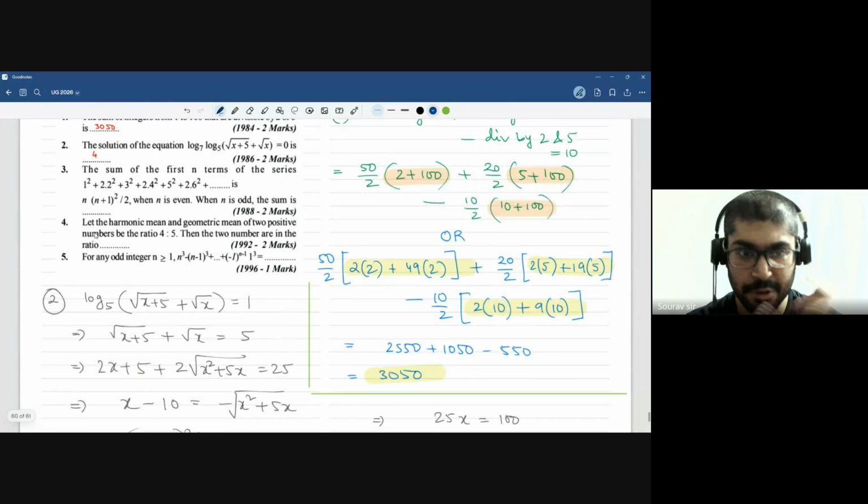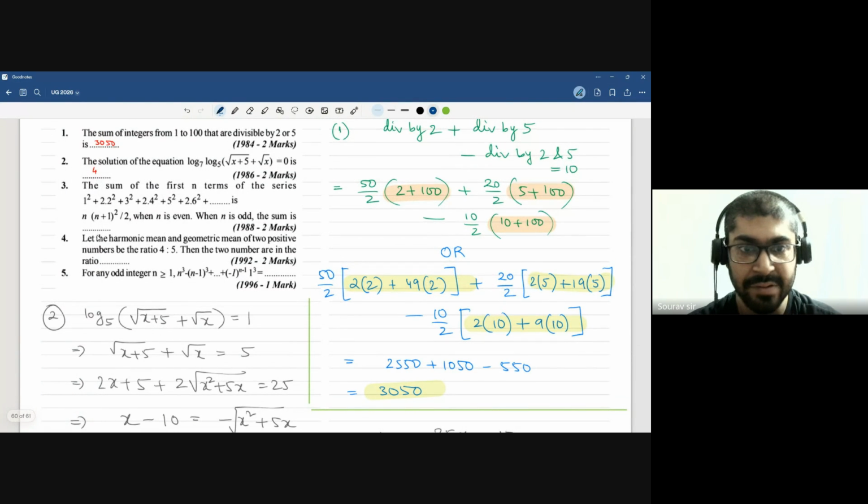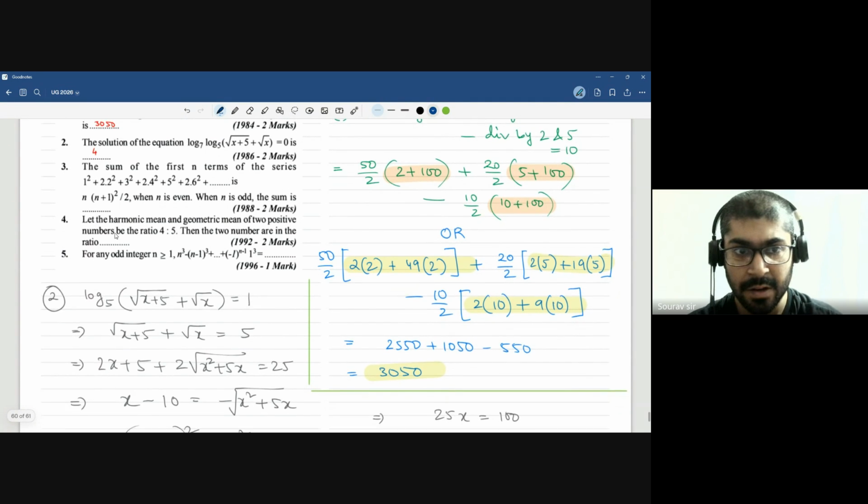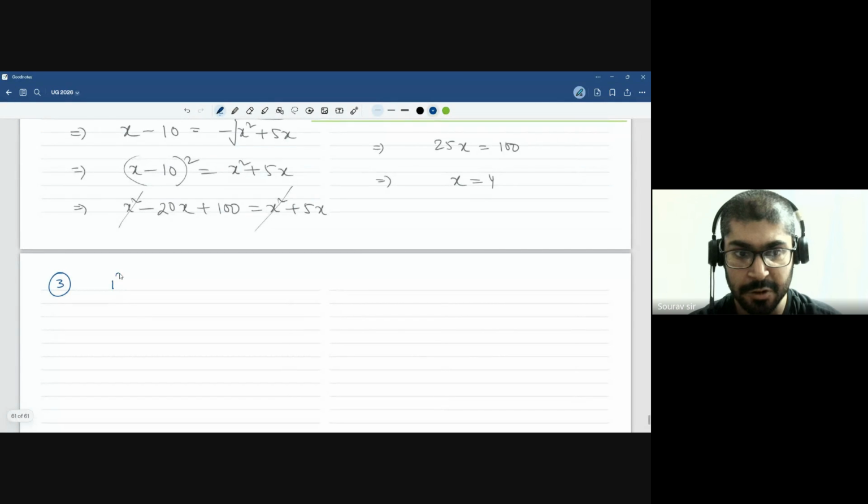You just have to separate them. So you see every odd term is 135, and every even term, if you take 2 common, it's the sum of all even terms, right? So this is 1 square plus, you can separate it out in 2 pieces.